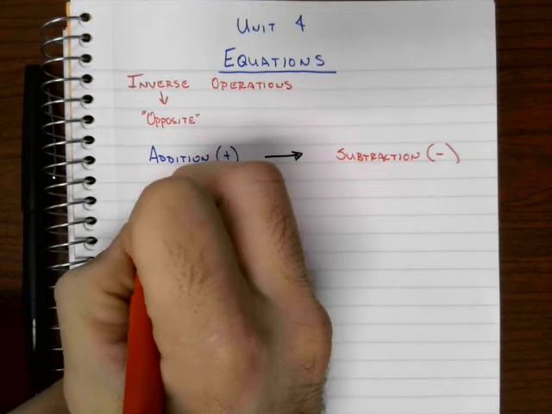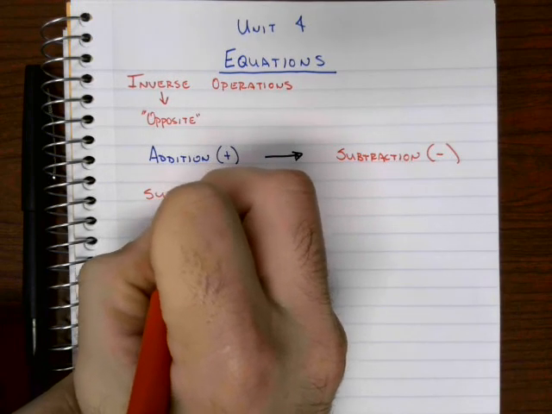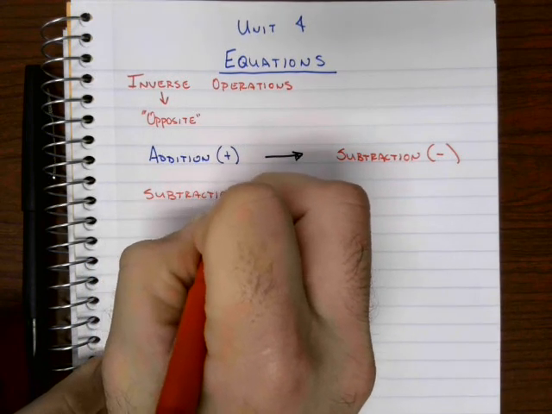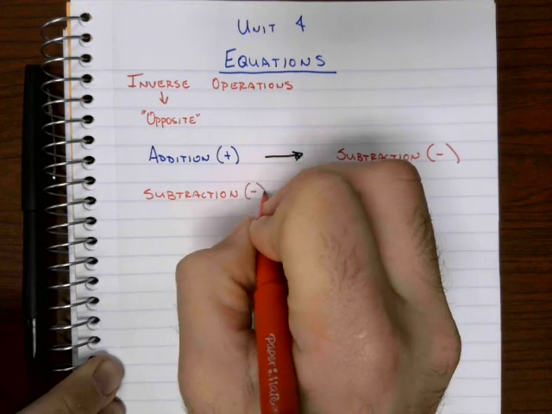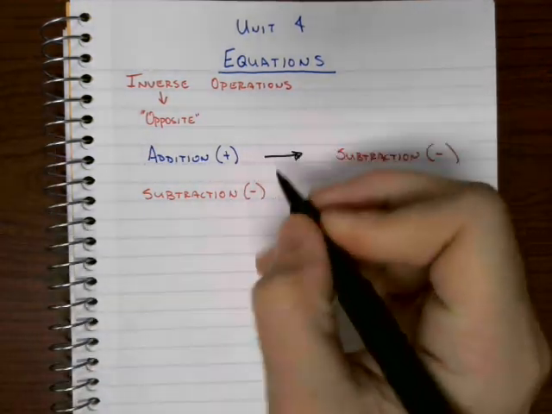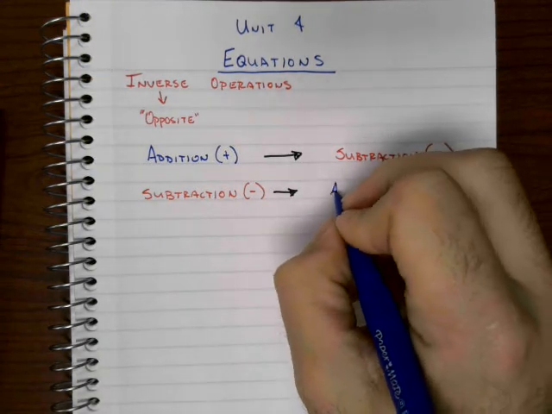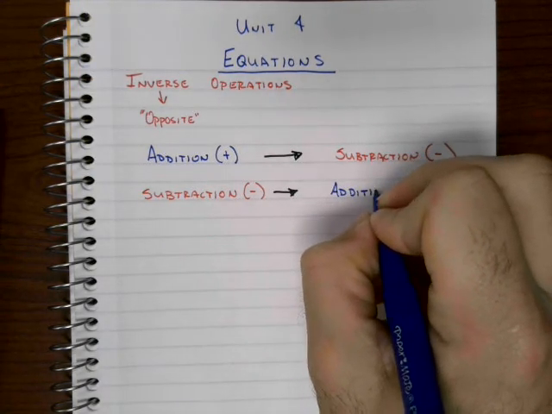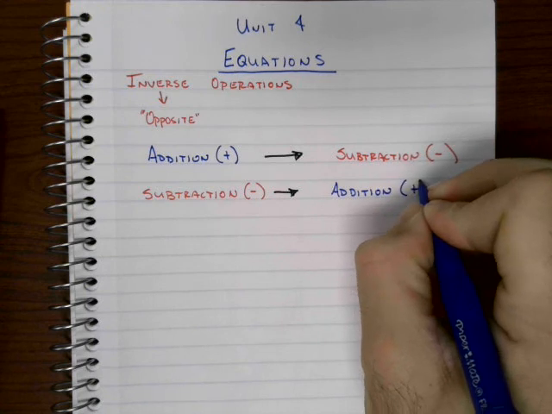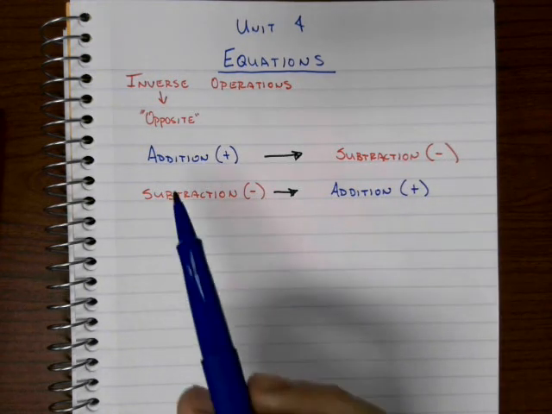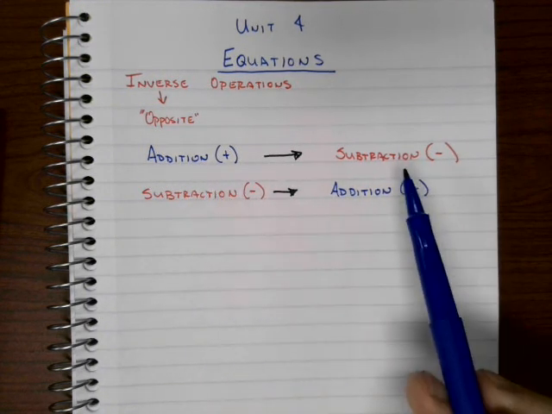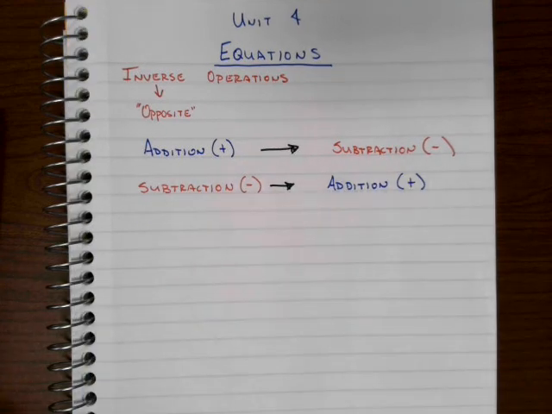The opposite to subtraction is obviously addition. So if I was solving a one-step equation and it was addition, to solve that addition, I would use subtraction, and vice versa here.